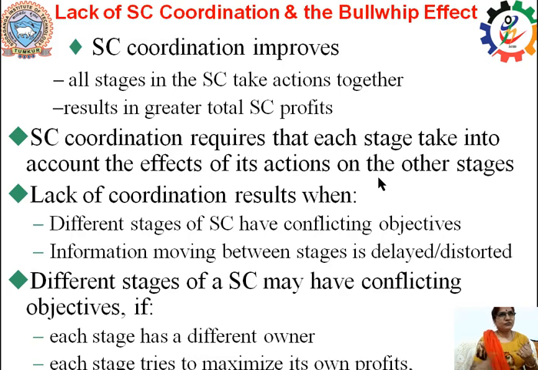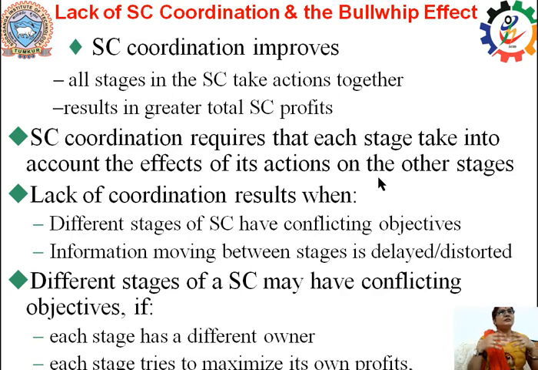Either no information is given, meaning it will be given after a delay, or the information which is sent is distorted. For example, if the retailer thinks of some promotion and that information is not given to the manufacturer, he thinks that there is a permanent hike in the sales.